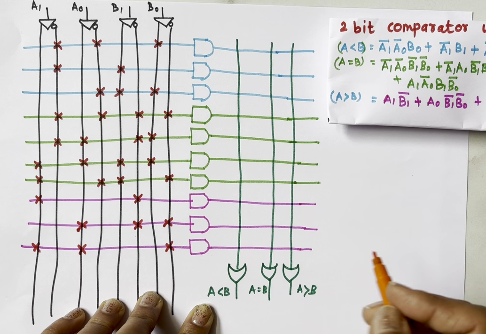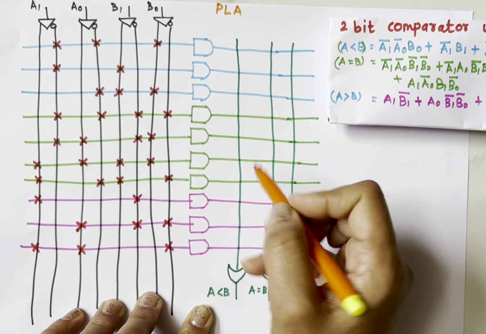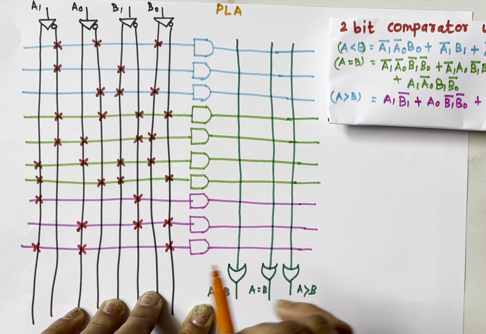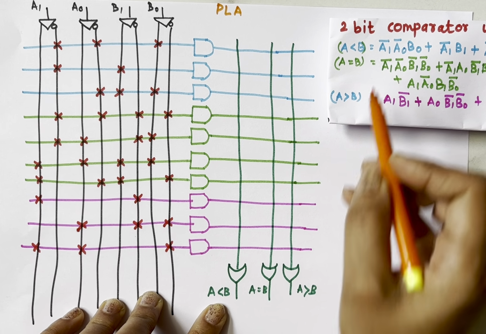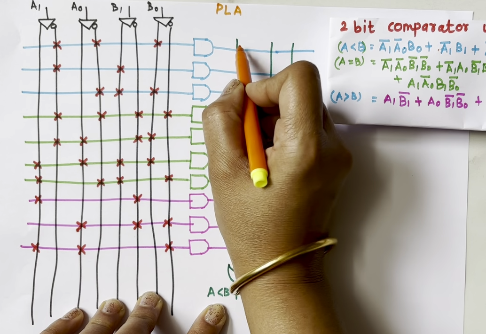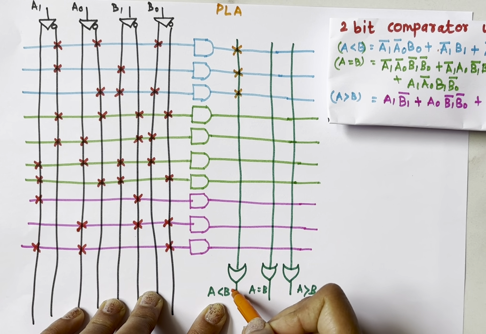Now in PLA, this is the implementation using a programmable logic array. OR gates are also programmable, and to represent a programmable input we mark a cross. So for the first, A less than B, there is addition of the first 3 AND gates. So these 3 AND gates, their outputs will go to the first OR gate.